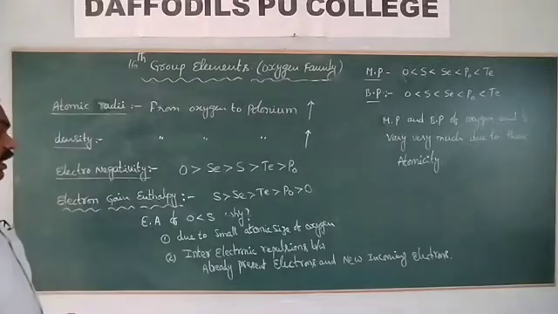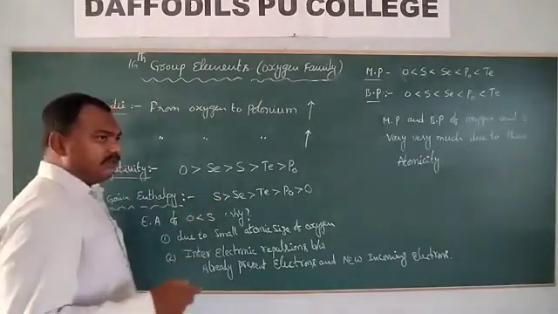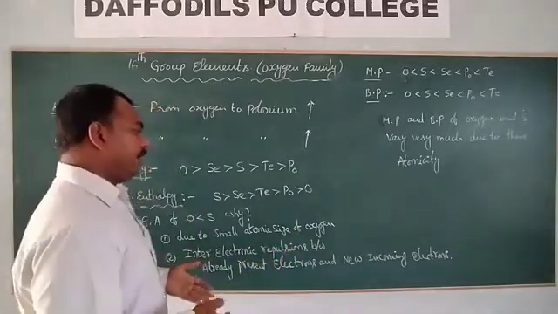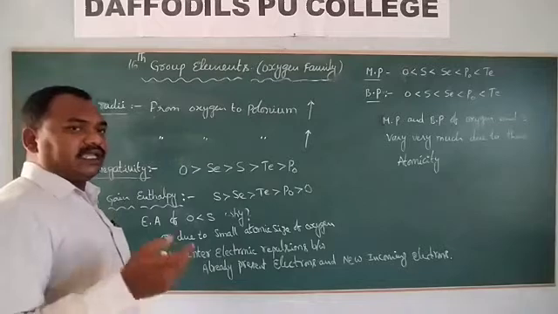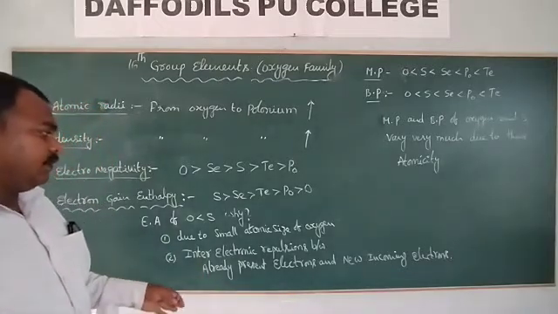Next, electron gain enthalpy. Generally, as size increases, electron gain enthalpy decreases.